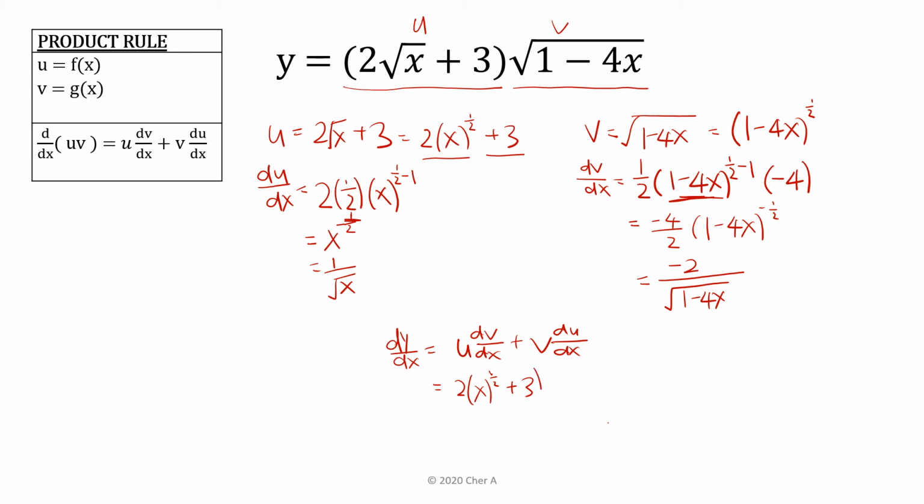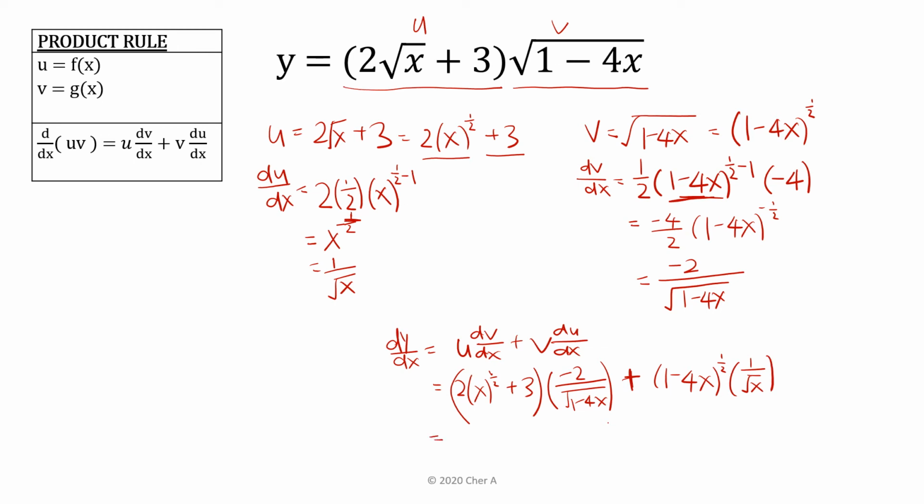My dv dx is negative 2 over square root 1 minus 4x, plus, looking for my v, it is 1 minus 4x to the power of half, and my du dx is 1 over square root x.